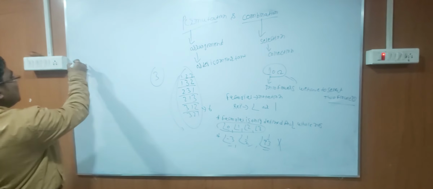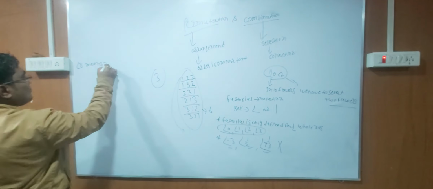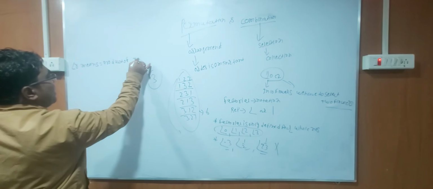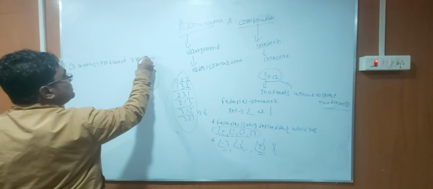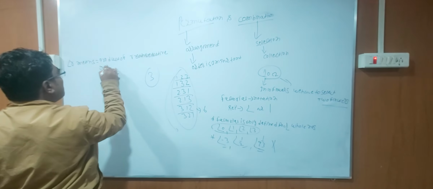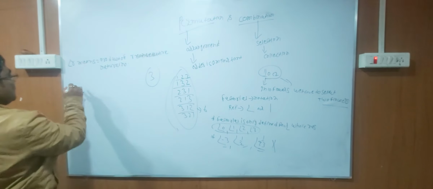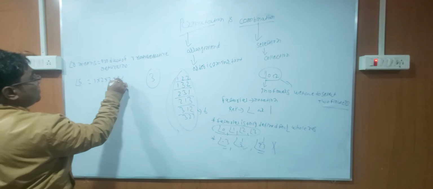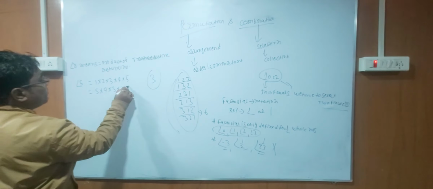And factorial r means the product of r consecutive natural numbers. Like factorial 5 is 1 into 2 into 3 into 4 into 5, or 5 into 4 into 3 into 2 into 1.